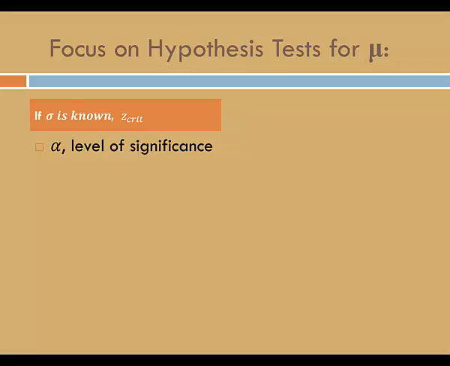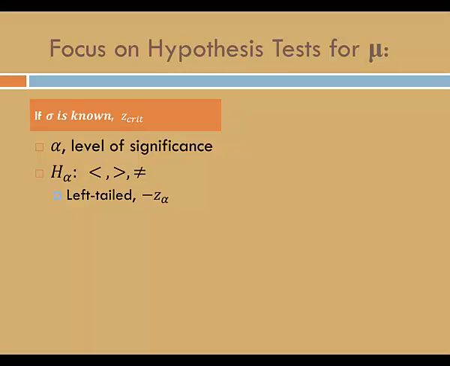We usually fix the level of significance at a small probability, such as 1%, 5%, or 10%. In order to determine the direction of the test, we'll look at the sign in the alternative hypothesis. If it's a less than sign, we'll have a left-tailed test, in which case we'll end up with a negative critical value of z.